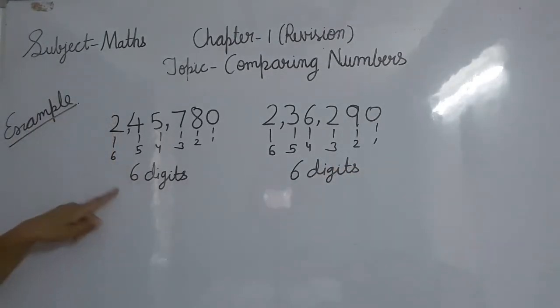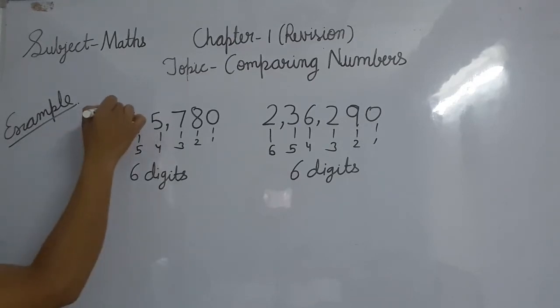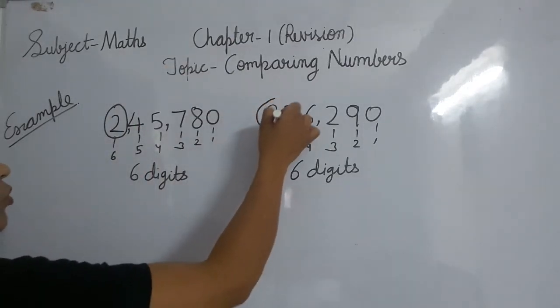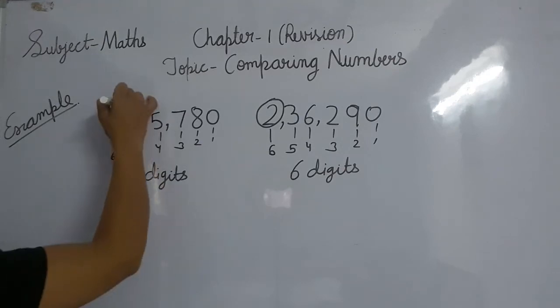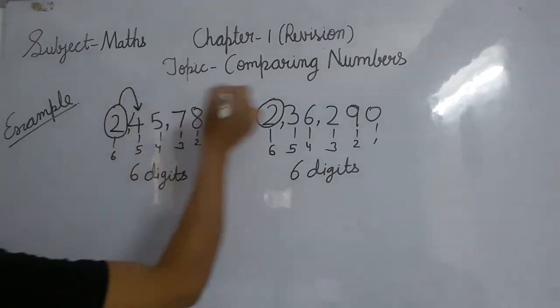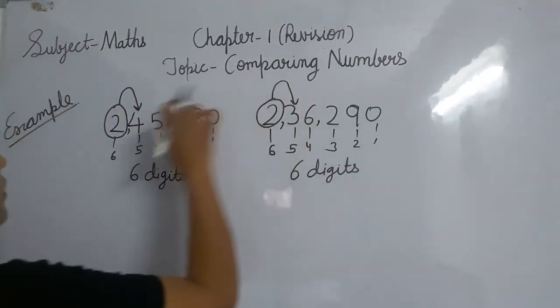If the digits are the same, then what will we check? The leftmost number. So what is the leftmost number here? 2. And here 2. If this number is also the same, then what will we do now? We'll check the next number.